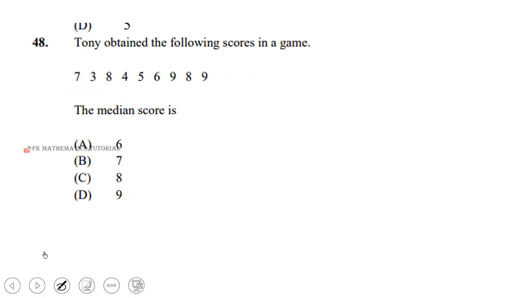Tony obtained the following scores in a game. The median is, so we rearrange it in order: 3, 4, then the next one is 5, the next one is 6, and the next one is 7.